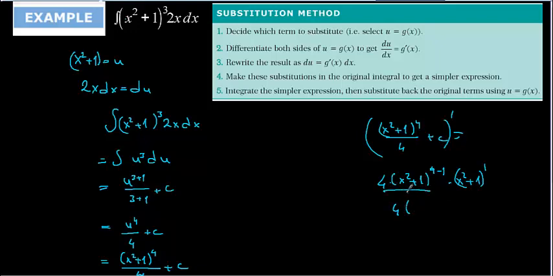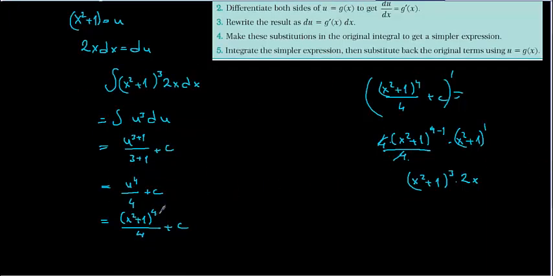Also we have over 4 here, 4 over 4 is going to be equal to 1, so it's equal to (x squared plus 1) to the power of 3 times the derivative of x squared, which is 2x. As you see, the integral of (x squared plus 1) to the power of 3 times 2x is this expression, and the derivative of this expression gives us the same value.